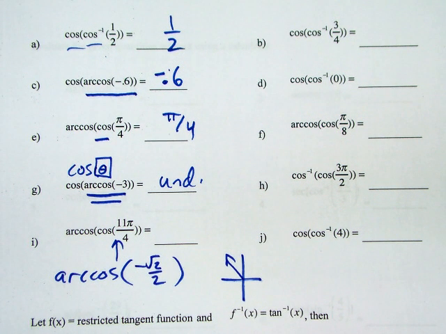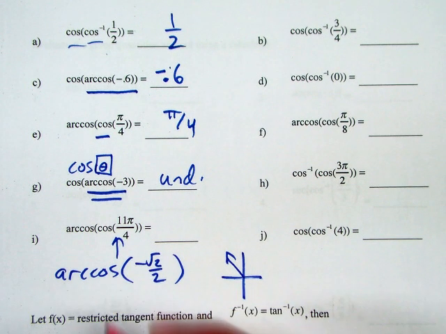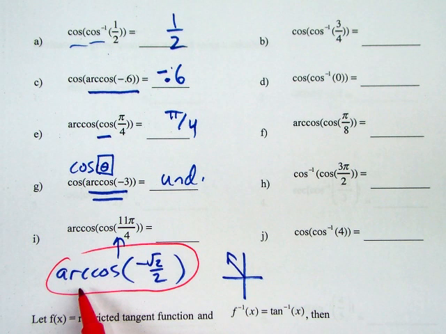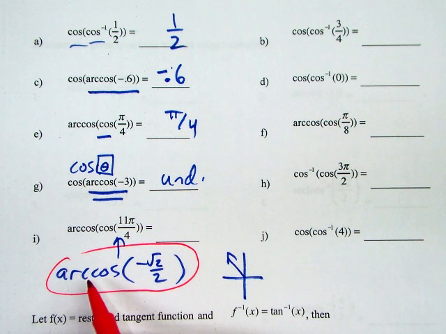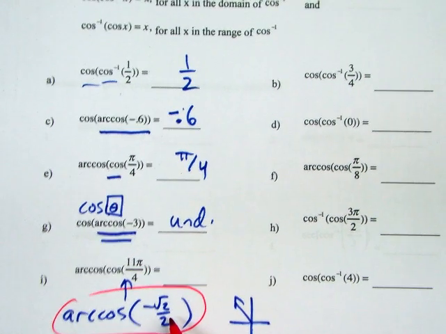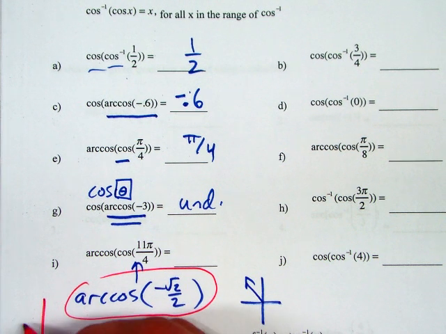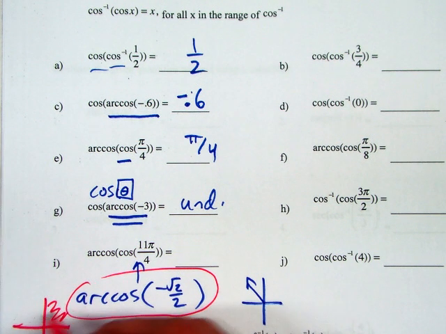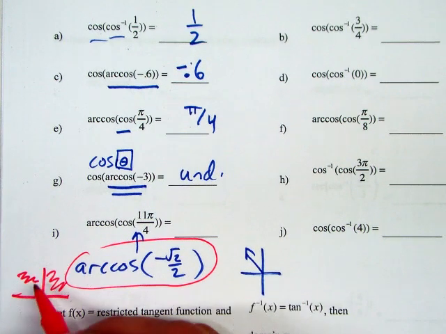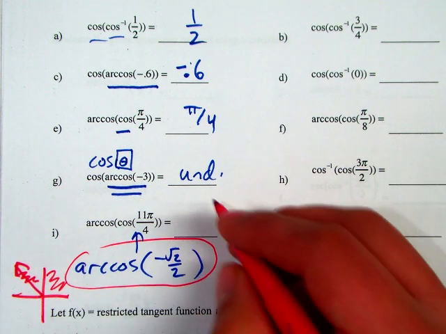Now, our last step, remember that whenever all we have left is the inverse of a trig value, we're looking for an angle where the cosine is -√2 over 2, and it's got to be between 0 and pi. So our only options are quadrant 1 or quadrant 2. Cosine is negative in the second quadrant, so the answer is going to be 3 pi over 4.